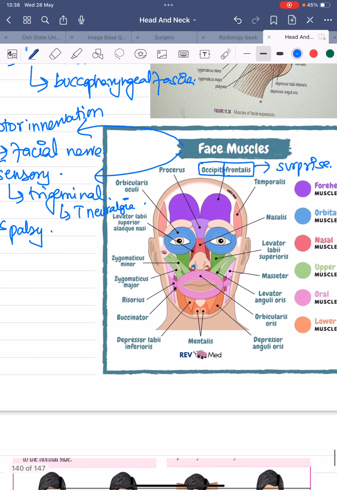Smiling and laughing are given by the zygomatic major muscle, this one.